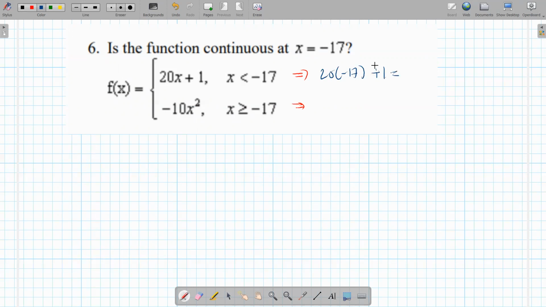Okay. So 17 times 20, 340 plus 1, minus 339. I just plugged x as -17. And I'm going to do the exact same thing on the bottom. -10 times -17 squared. So that is 289. That's not going to be the same. So it's discontinuous? It is discontinuous. Perfect.